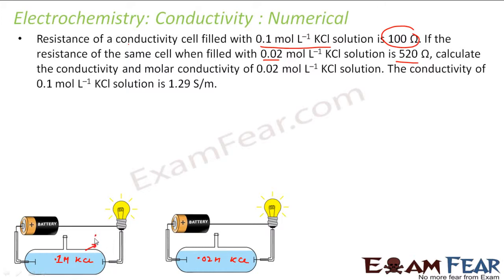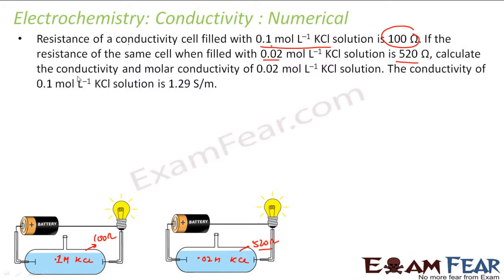So this is my 100 ohms and this is my 520 ohms. This is what is given, right? 0.1 molar KCl 100 ohms, 0.02 molar KCl 520 ohms.